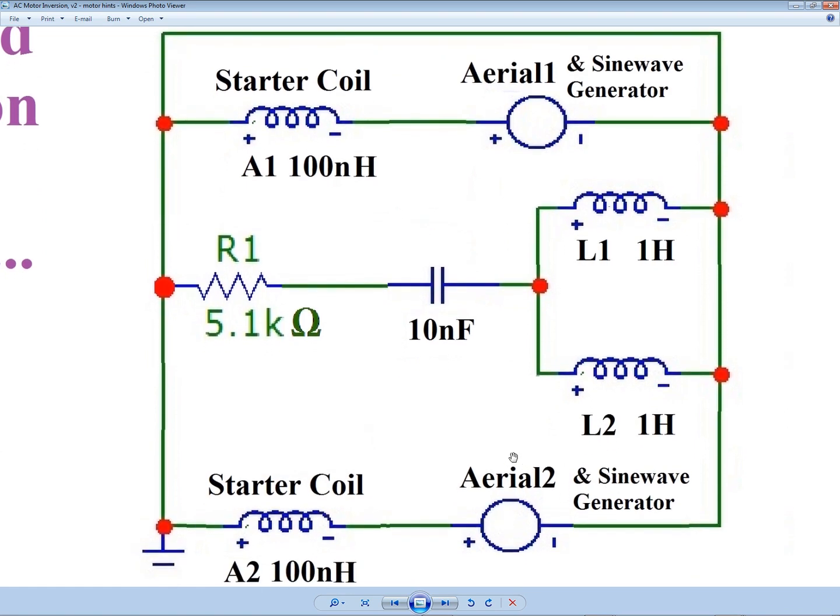Their conversion of their RAV4 took out the engine, put in 2 AC motors, and a double battery pack. You see any batteries here? No. You could have a battery instead of the aerial feeding the sine wave generator, but it would be less than the requirement of the 12 volt battery in your car.